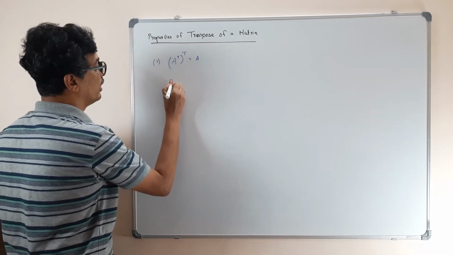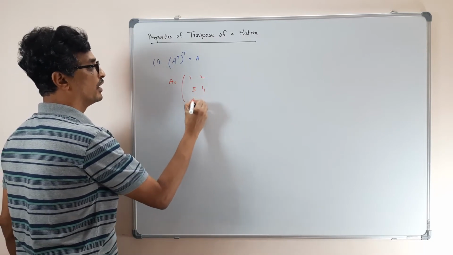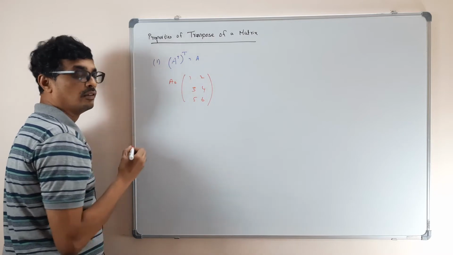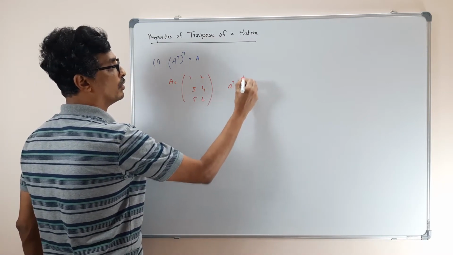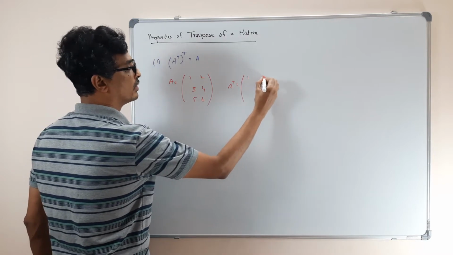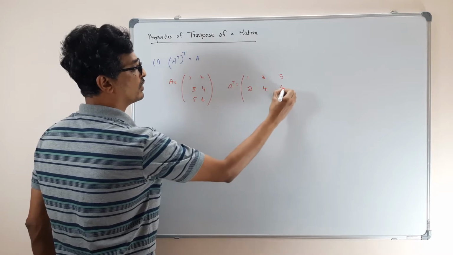So let us write A equal to 1, 2, 3, 4, 5, 6. Tell me, what is A transpose? 1, 3, 5, 2, 4, 6.